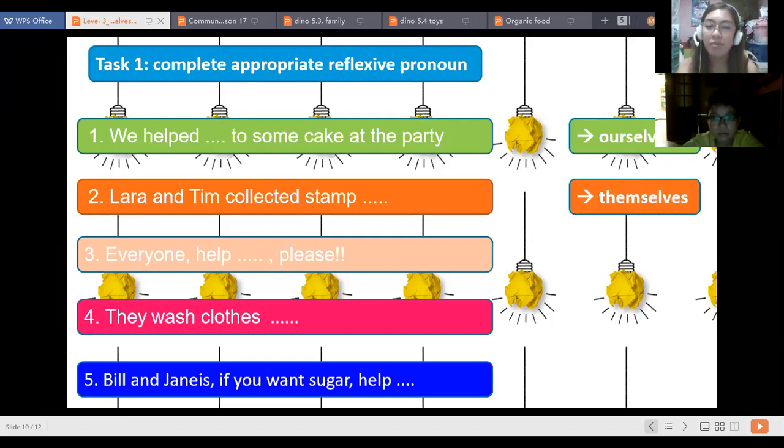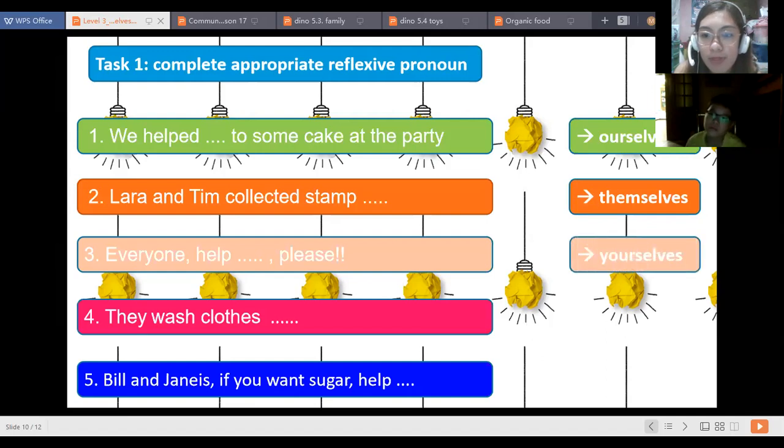Okay, how about number 3? Everyone help yourselves. Okay, can you read again?